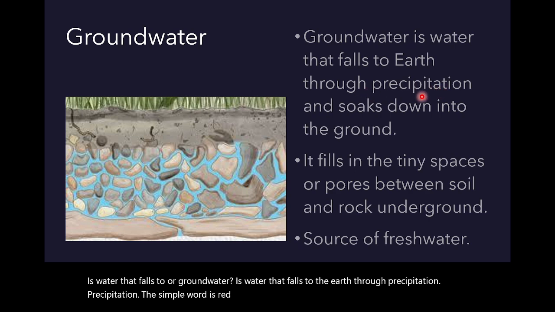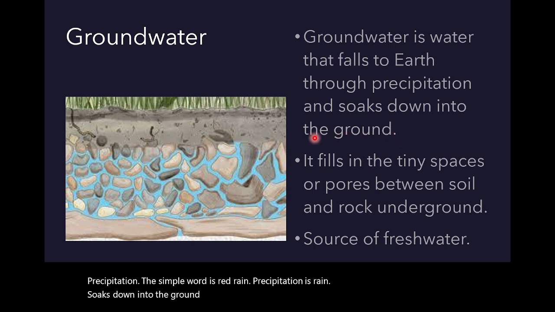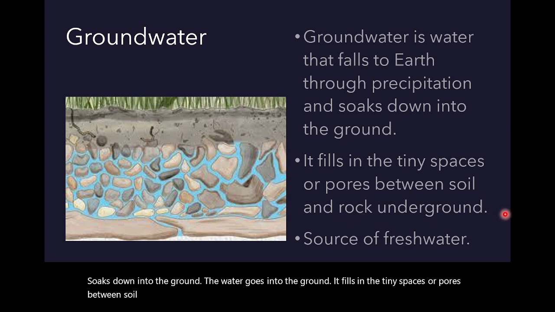Precipitation is rain and soaks down into the ground. The water goes into the ground. It fills in the tiny spaces or pores between soil and rock underground. And this is, interestingly, a source of fresh water.